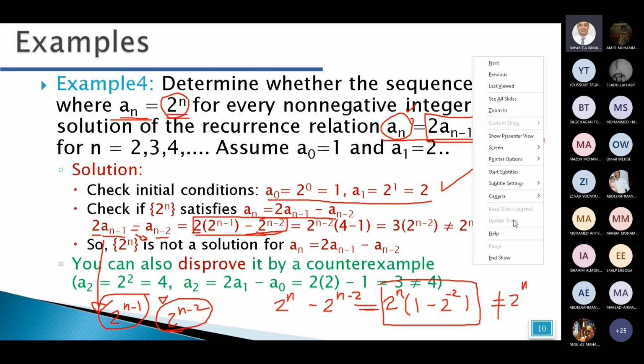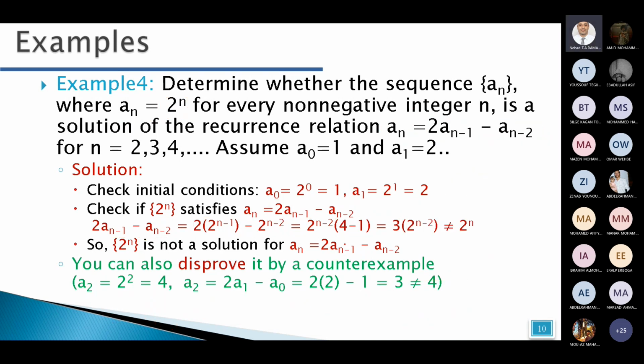In my previous solution, I took 2 power n minus 2 as a common factor. If we take it as a common factor, you need to add 2, so it becomes 2 power 2, so it's 4.